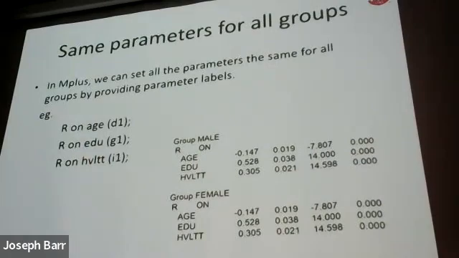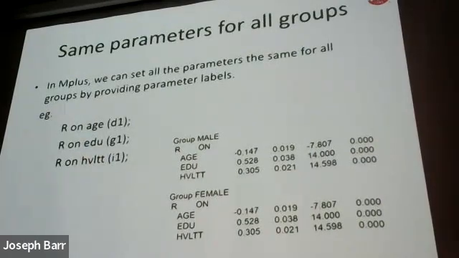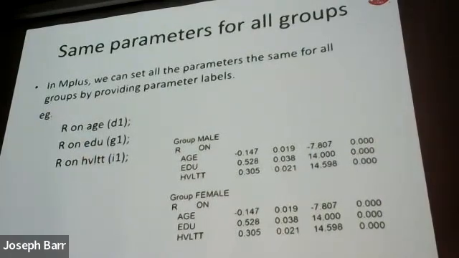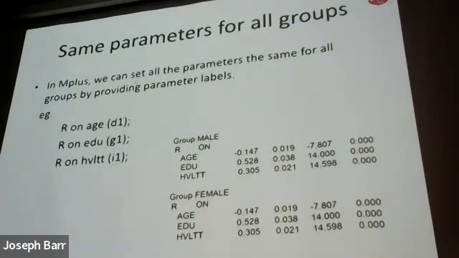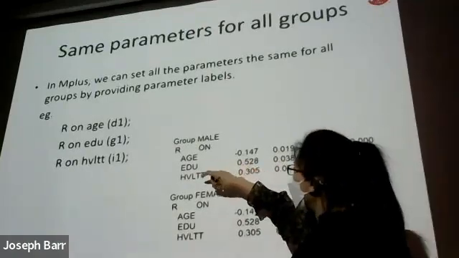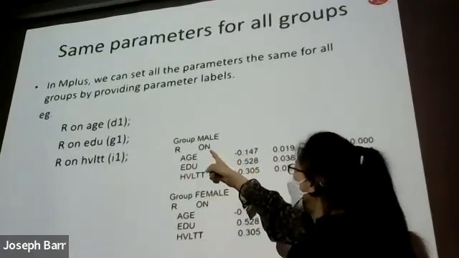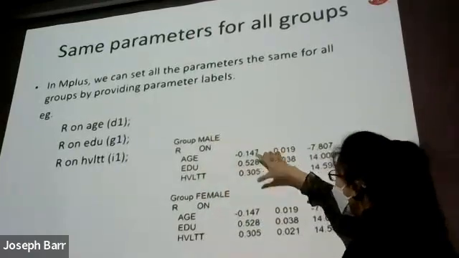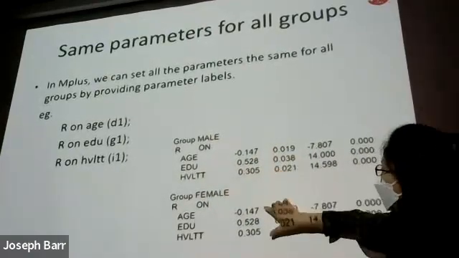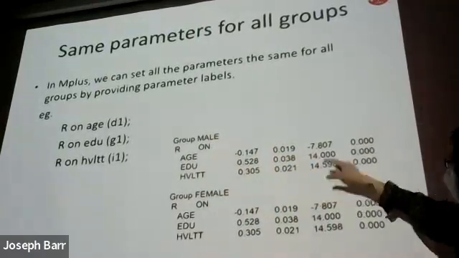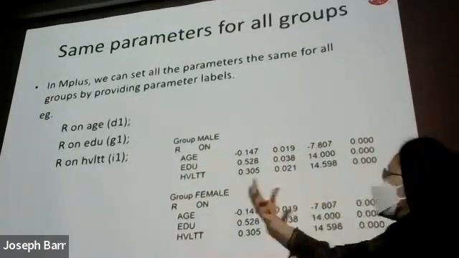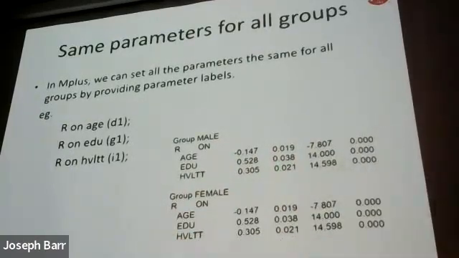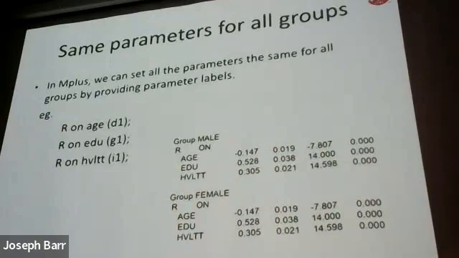And with the same name, actually, it is the same parameter, okay? So if we use this code, then the results are reported here because I have already copied them. For male and for female, if you check the numbers, they are exactly the same because we assume that these parameters are the same.